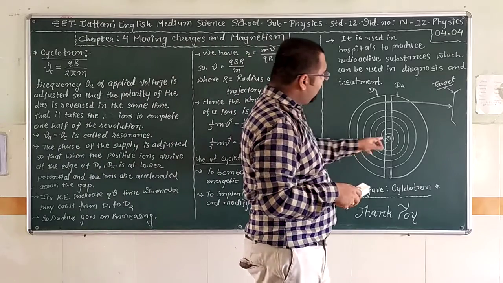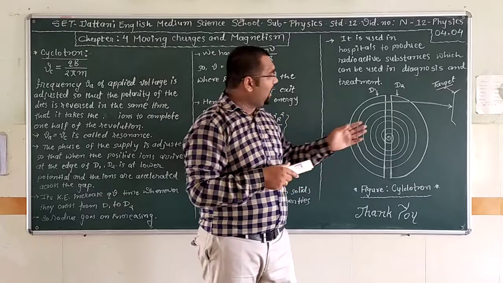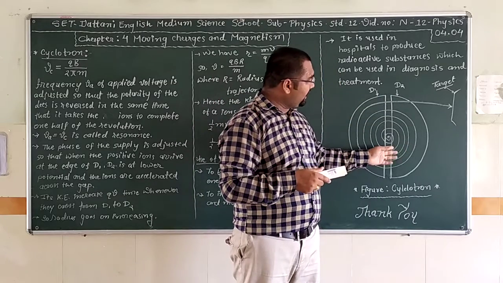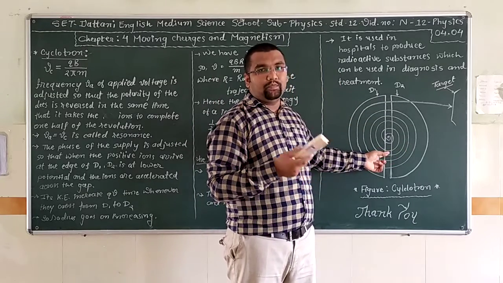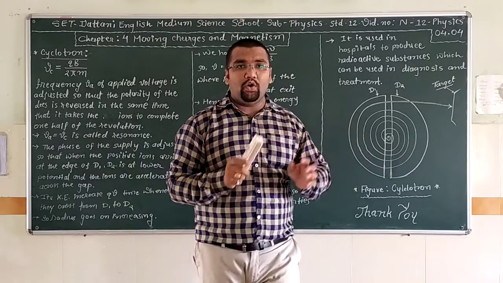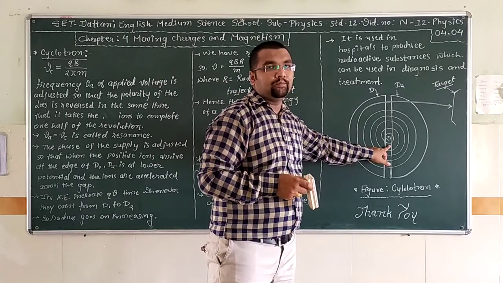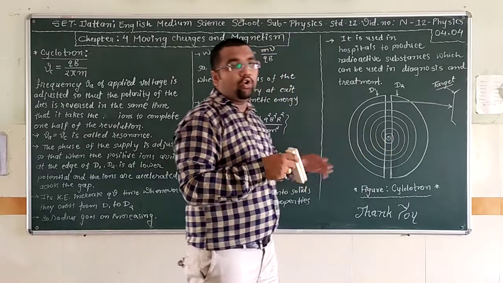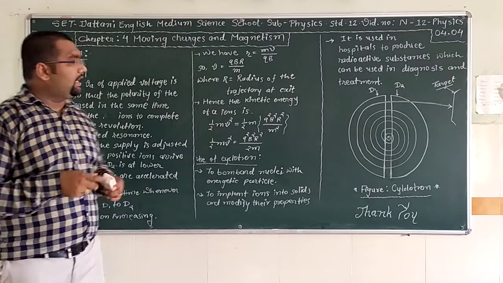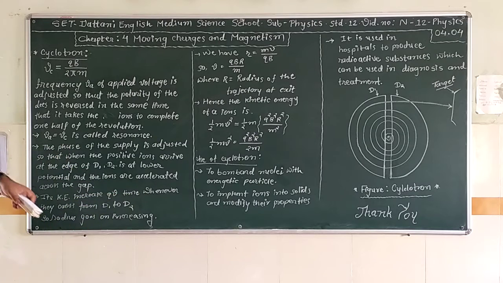Whenever the charge comes out from one D after revolving one half of a circle and comes back into the gap between the two D's, the other D must be of opposite charge, so that the charge can easily go into it. In this way the charge repeats the revolution in both the D's.